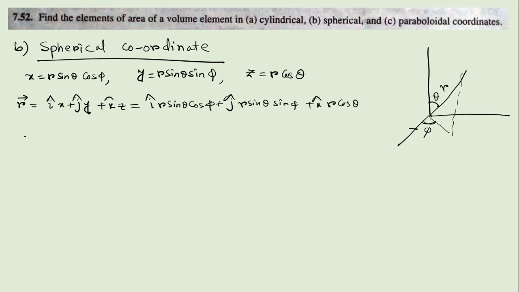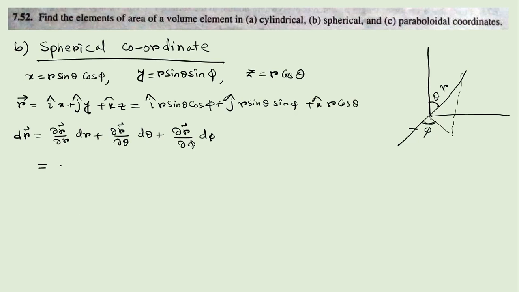This is the position vector. Just calculate dr vector. Dr vector is nothing but del r vector by del r into dr plus del r vector by del theta d theta plus del r vector by del phi d phi, right?